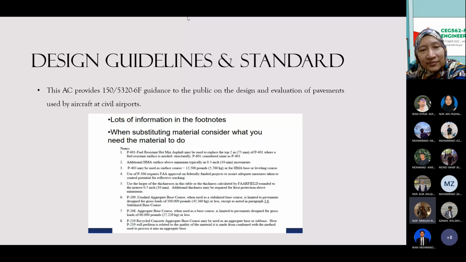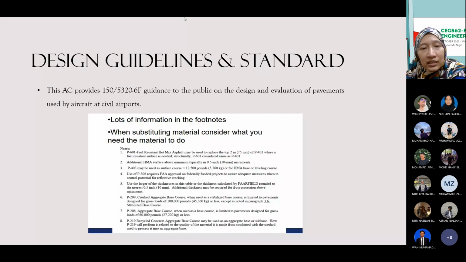This actually provide guidance to the public on the design and evaluation of pavement used by aircraft at civil airports. Okay, thank you. At least dah ada some guidelines lah yang you found from internet.